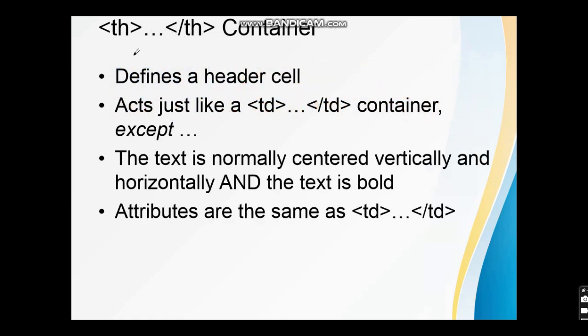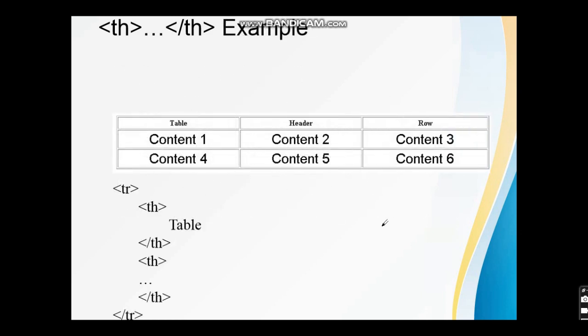Next, the TH container or TH element. It defines a header cell and acts just like a TD container, except the text is normally centered vertically and horizontally, and the text is bold. Attributes are the same as TD. This is the TH example.